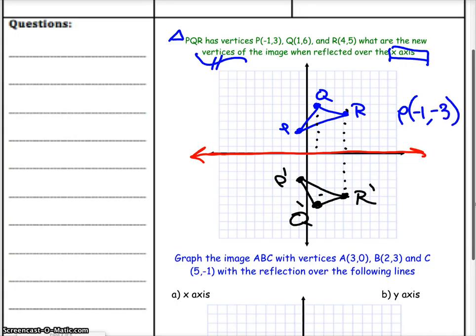My vertices of Q prime are 1, comma, -6. And my vertex, I should say, it's not vertices, my vertex of R prime is going to be 4, then -5. Okay? I flipped it across that line of reflection.